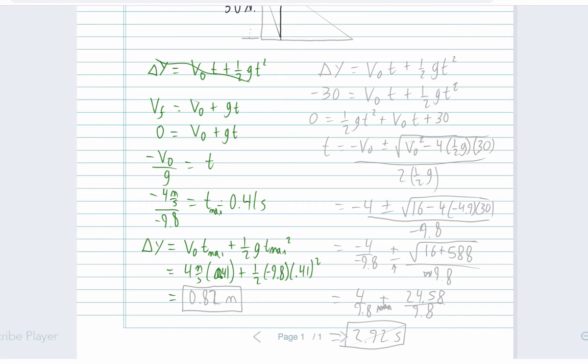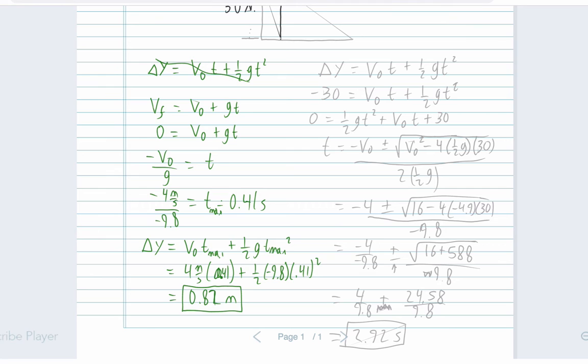If I did that right, let me just make sure that's right. Yep, so that should give you 0.81 or 0.82 meters actually. Okay, 0.82 meters. So that's the maximum height it reaches.